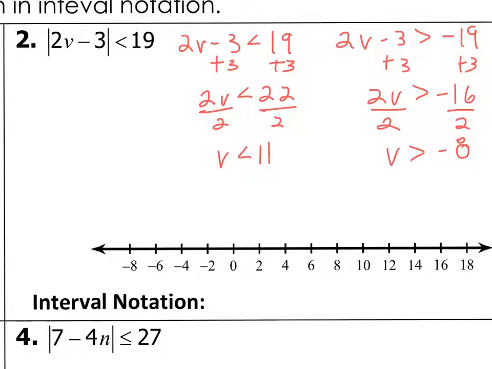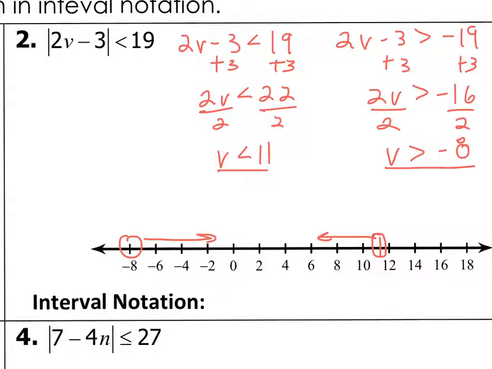Okay, so let's graph those. So we'll graph this first one. v is less than 11. So here's 11. We're going to put an open circle, and we're going to go less than. So the arrow is going to go in that direction. Over here, we have v is greater than negative 8. Open circle, greater than is going in that direction.